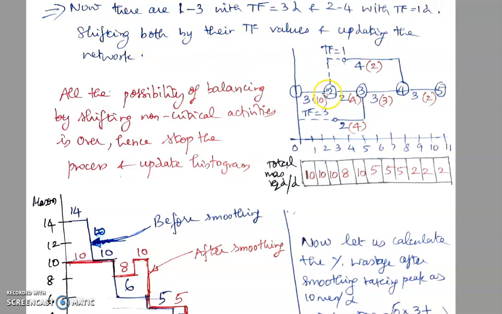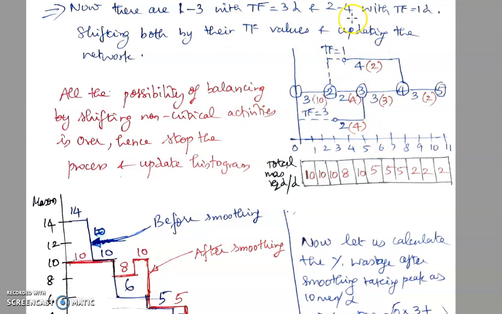Why both? Because shifting only one will not bring about a uniform demand. Only these two activities are non-critical, and only these two possibilities of shifting are available. Therefore, we will shift both of them.